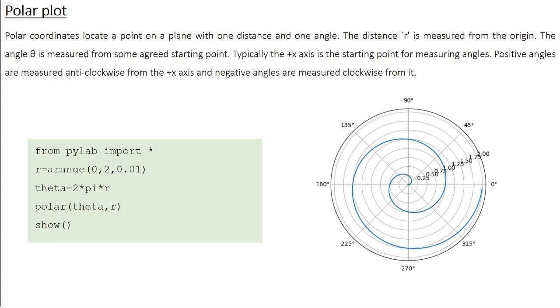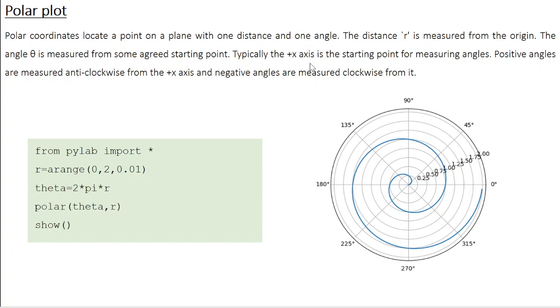I'm sure all of you are familiar with polar coordinates, where we locate a point on a plane using two coordinates. One is the distance r, and the other one is the angle theta. So r is usually measured with respect to the origin, and the angle theta is measured with respect to some reference point.